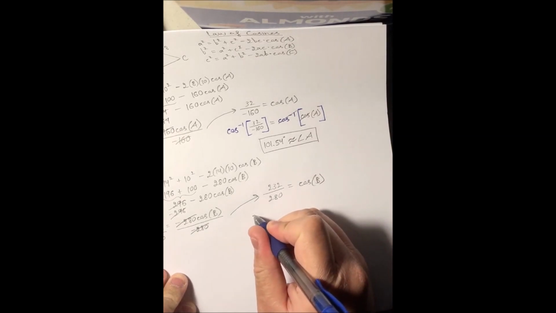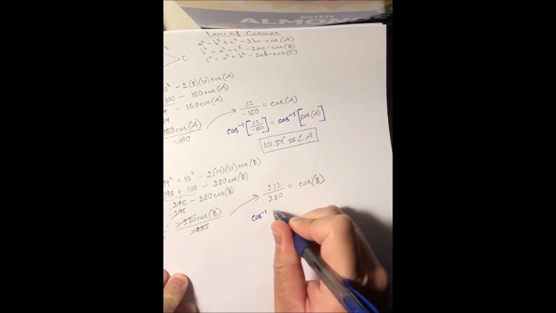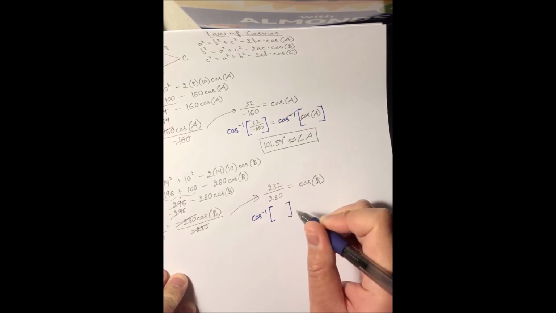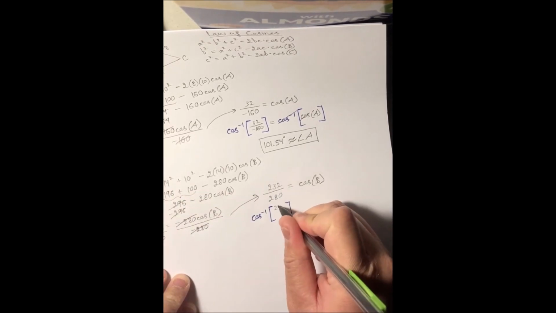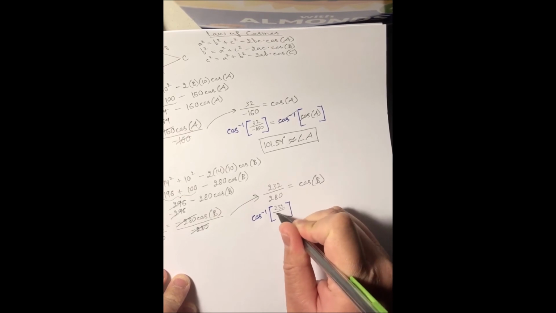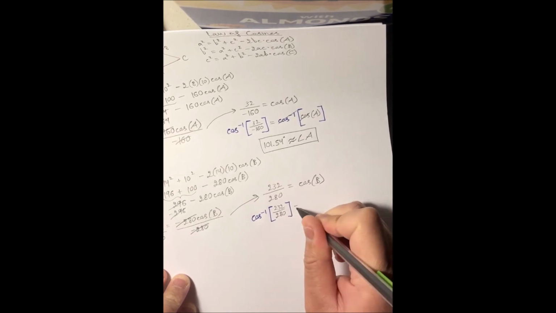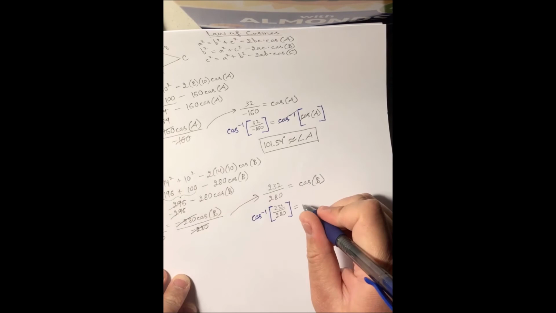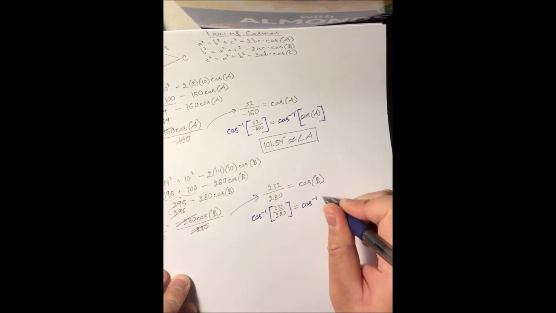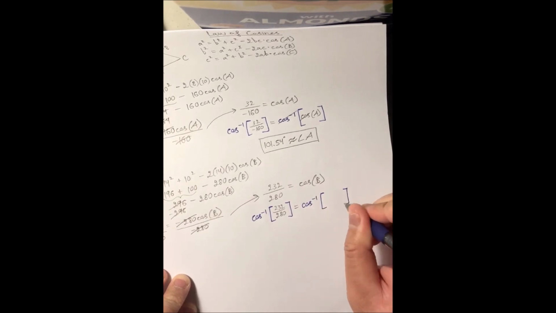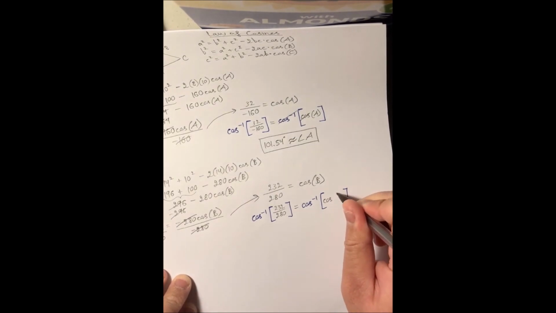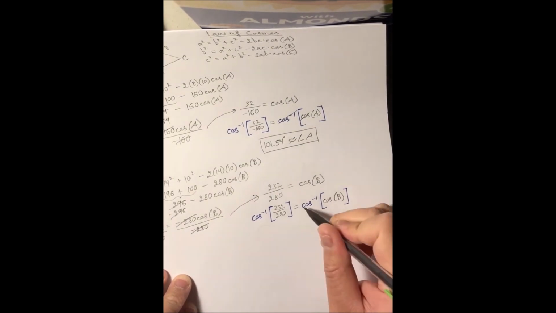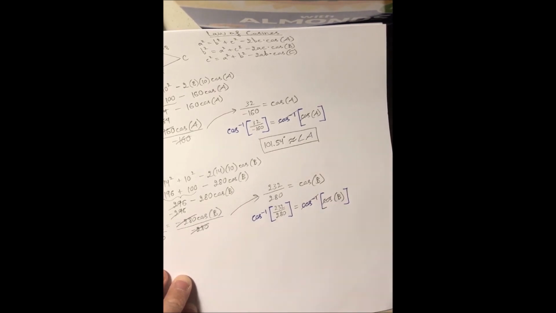I'm going to have cosine inverse of this fraction equal cosine inverse of cosine of capital B. Cosine inverse of a cosine automatically cancel out.